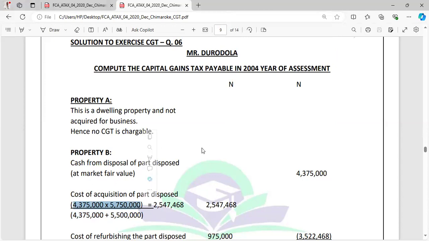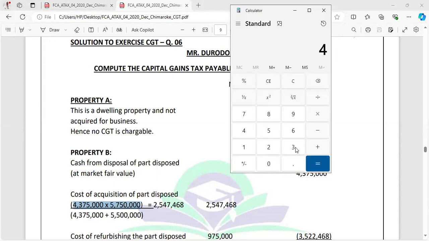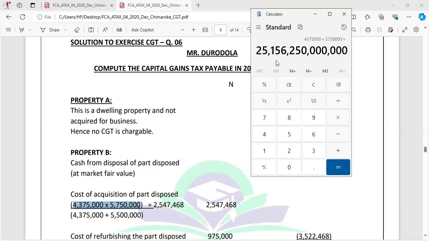Now what do we have? 4,375,000 multiplied by 5,750,000. And now I'm going to get a large figure like this. That's fine. But instead of me copying this large figure again, I will now say divided by the denominator that I have copied before.